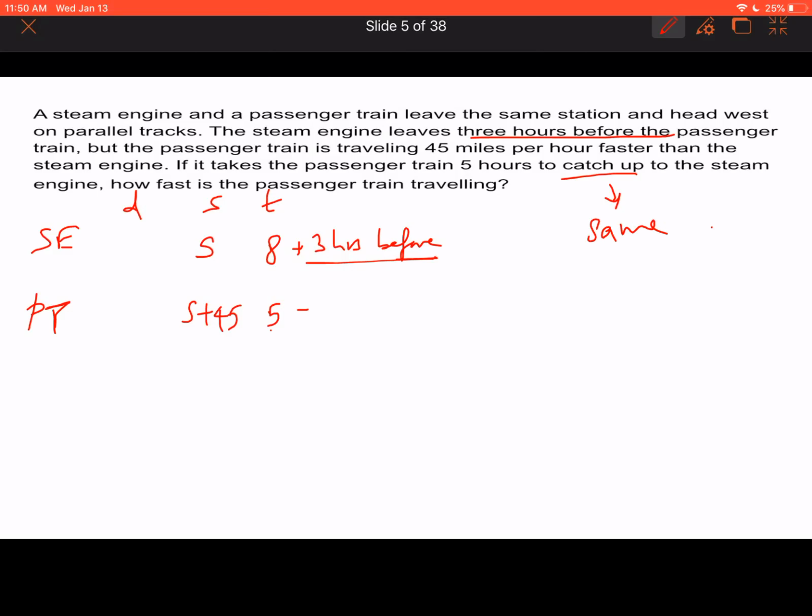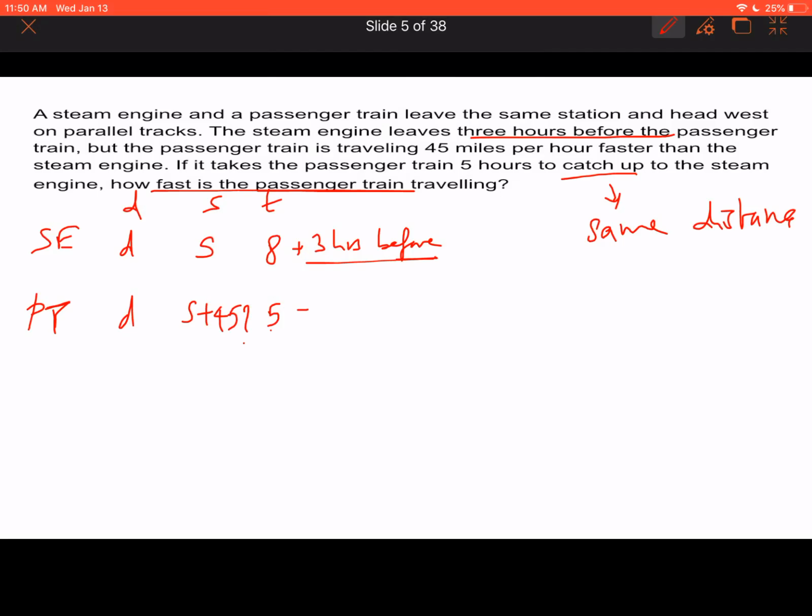This is very important to remember. If one has a distance d, then the other is also covering a distance d. So now what do we have to find? How fast is the passenger train traveling?